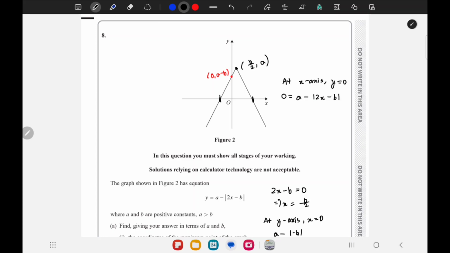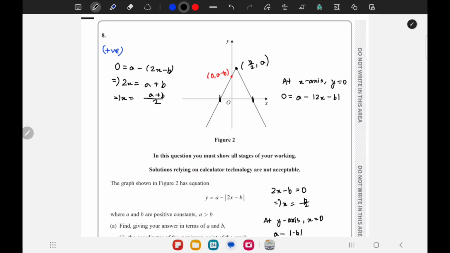So at first, for the positive solution, we'll consider 0 equals a minus 2x minus b. Now we have to make x the subject over here. So 2x equals a plus b, x equals a plus b by 2.